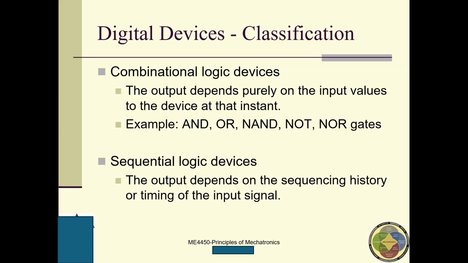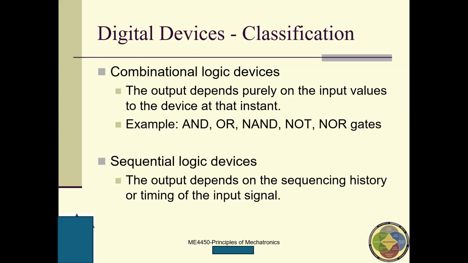Can I sense everyone? Okay, let me repeat. In combinational logic, the output depends purely on the input values to the device at that instant. The previous status of the input data does not have any influence on the output.